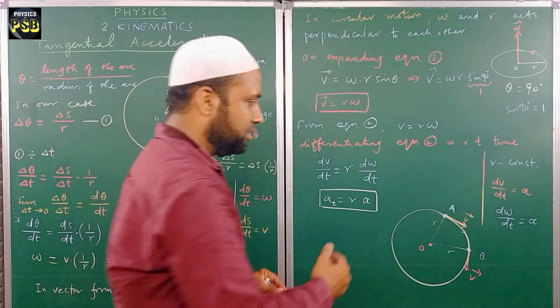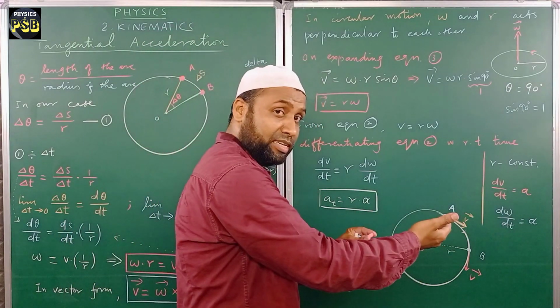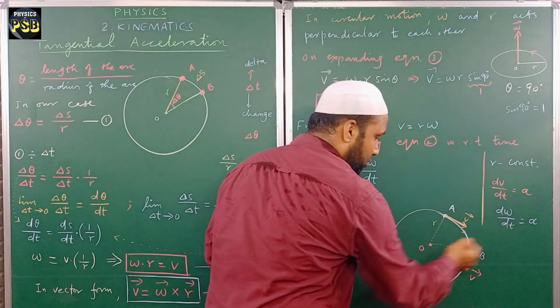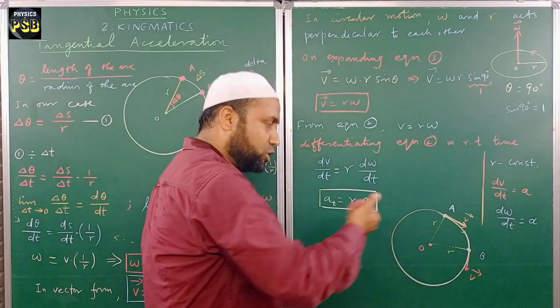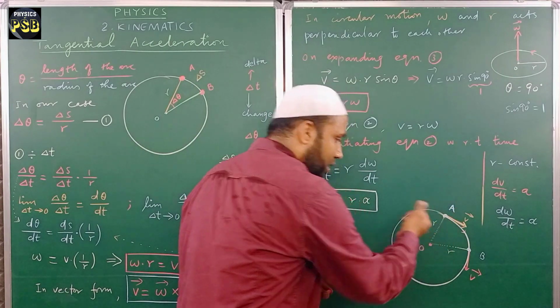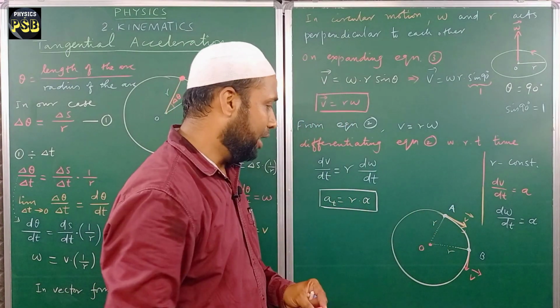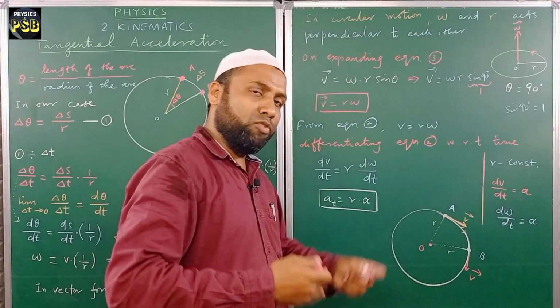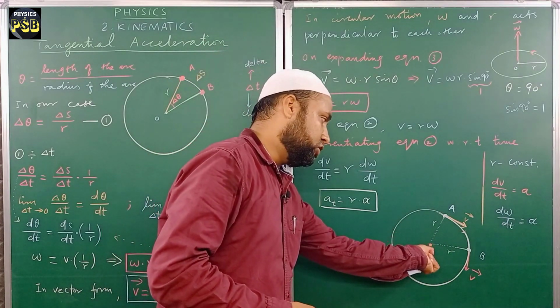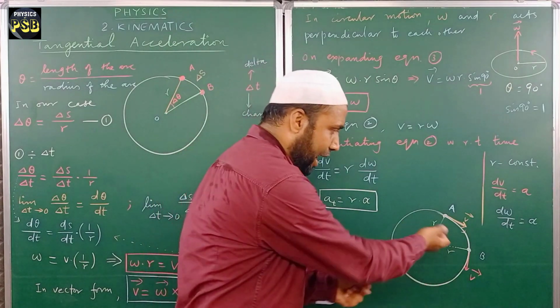Clear? Otherwise, if the velocity increases, then it will move away from the center. If it gets slower, then it will start coming towards the center. And when the orbit stops moving, it will reach the center. But that doesn't happen here.